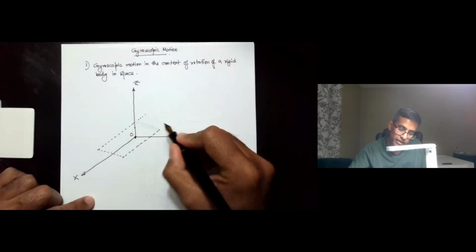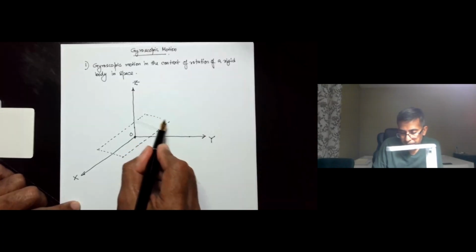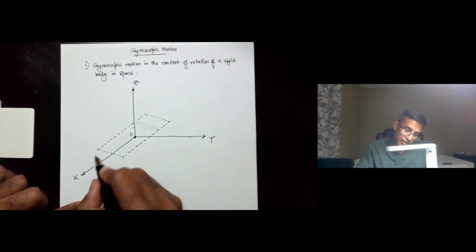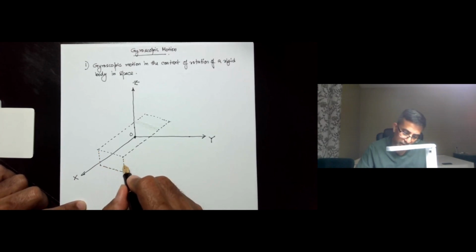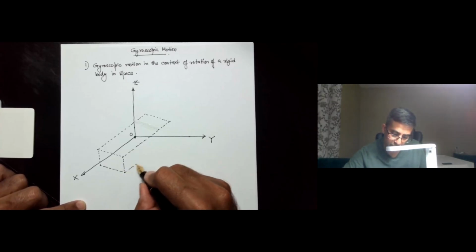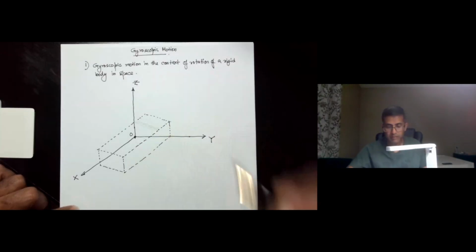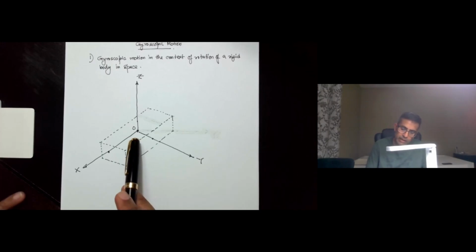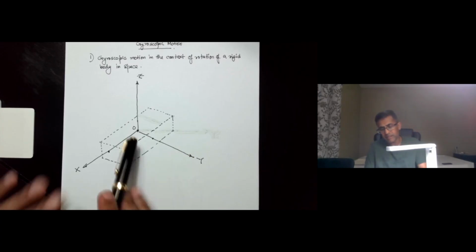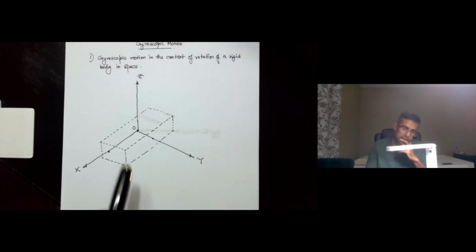So let's say that the rigid body is a cuboid. I've just readjusted the y-axis because we need to make this cuboid initially aligned with the x, y, and z.